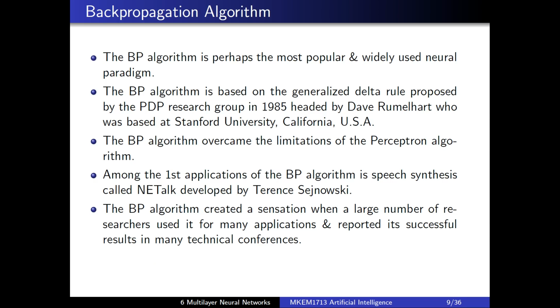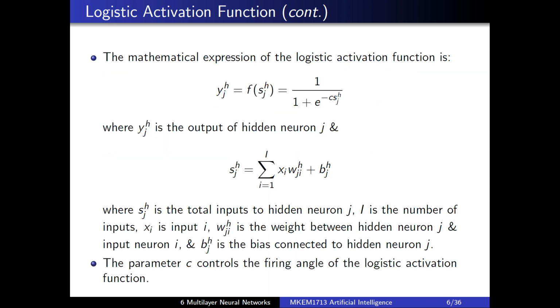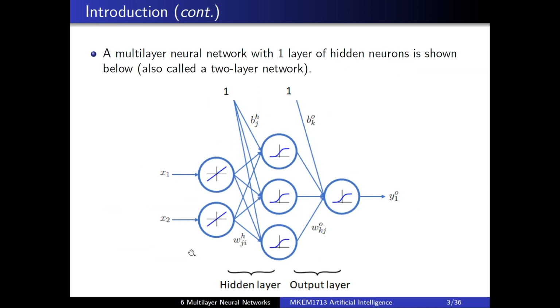So let's see the introduction of the backpropagation algorithm. First of all, we have weights, like I said earlier, between the connected neurons, and we have biases. And we have to find the suitable values of these weights and biases so that your neural network model will be able to learn the data.